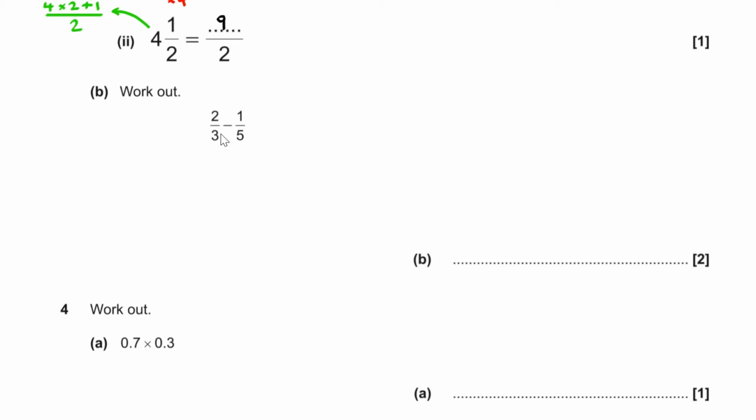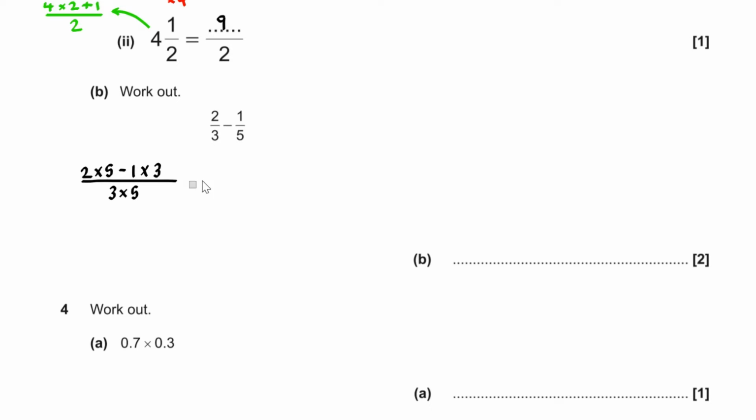For part B, we have to work out 2/3 minus 1/5. Well, what we can do here is combine these fractions. We would have here 2 times by 5 minus 1 times by 3 over 3 times by 5.